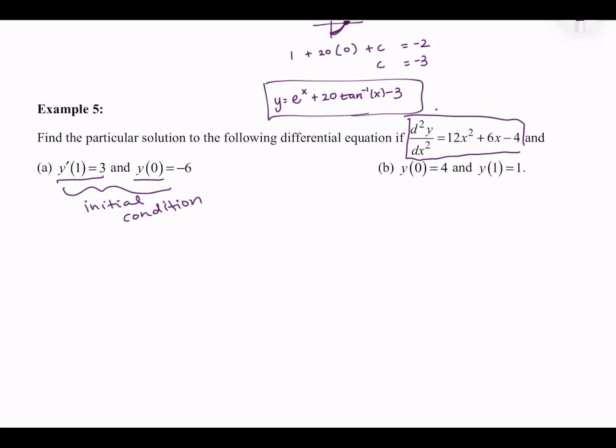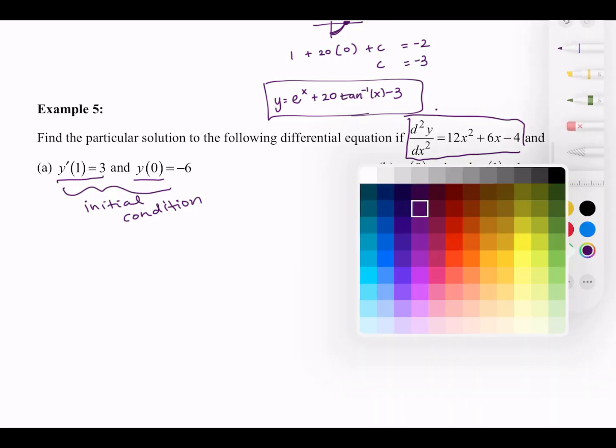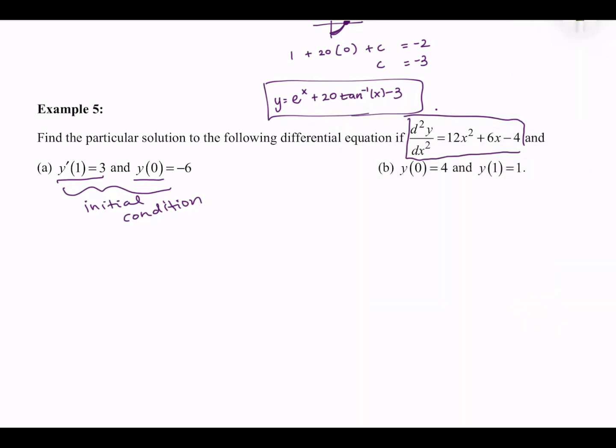So first, we're still going to follow our same steps. I'll turn to green in case you care about my color coding as much as I do. Let's just call this y double prime. I'm going to start by finding the original function, so I'll take the antiderivative to find y prime.